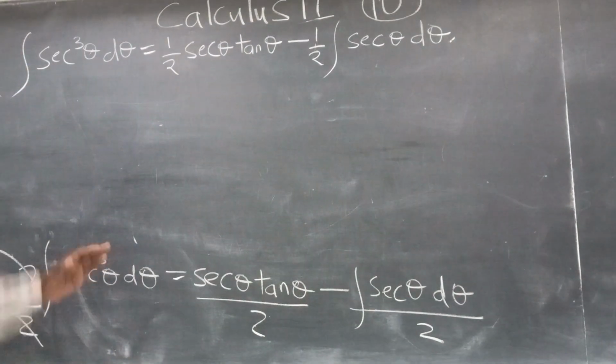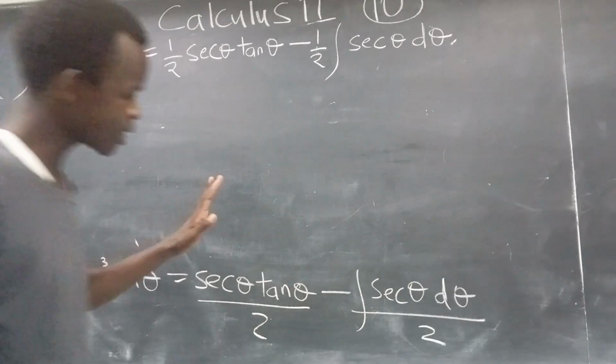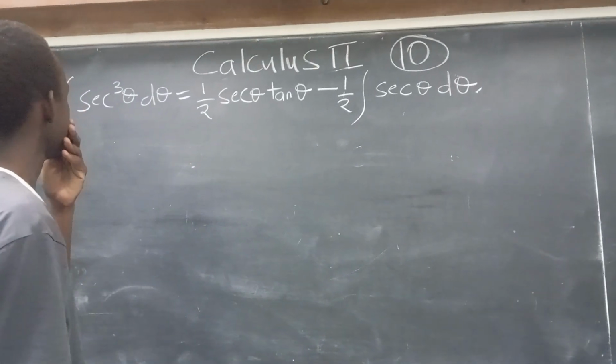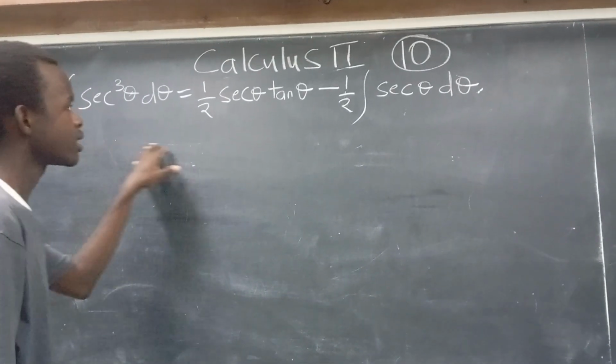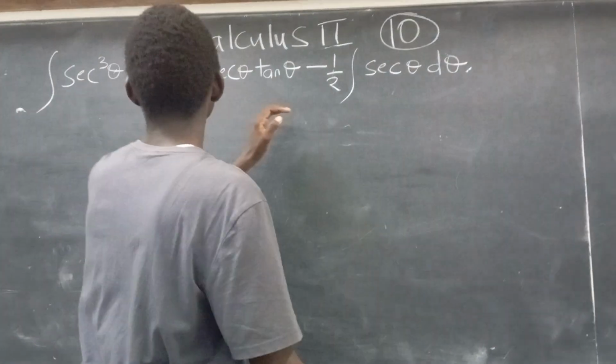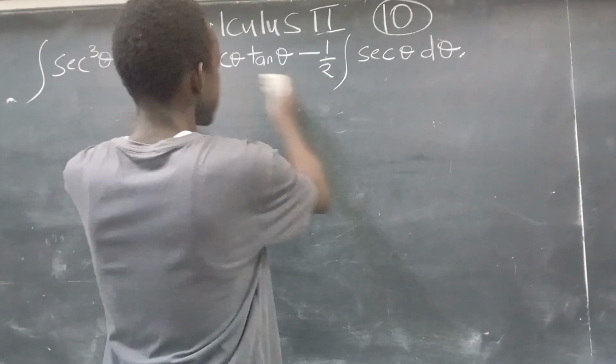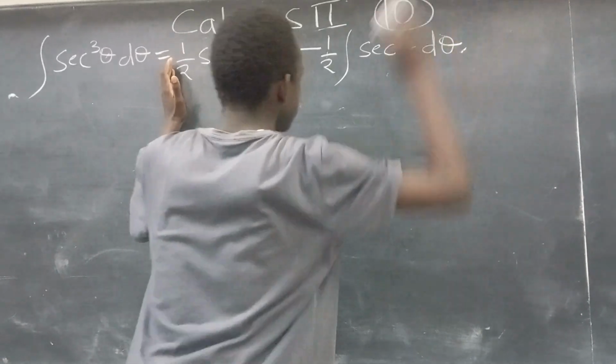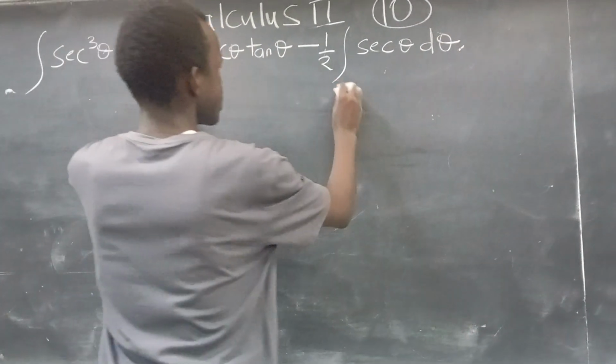Okay? Still the process goes, it's still very long. So from here the integral still continues. So we are told, so the answer is supposed to be this. This is our answer, yes, plus a constant c. But look here.